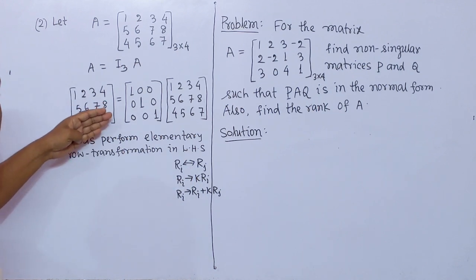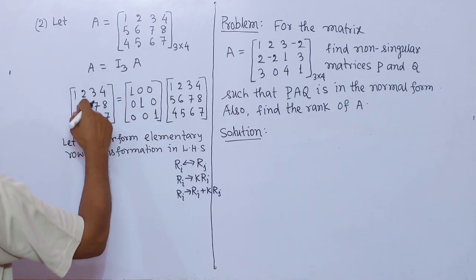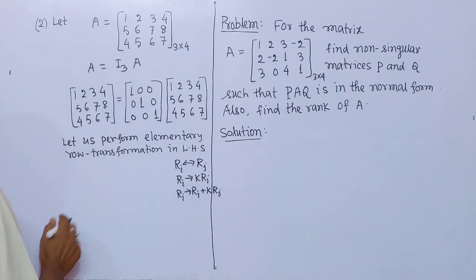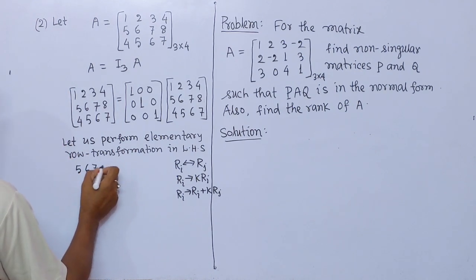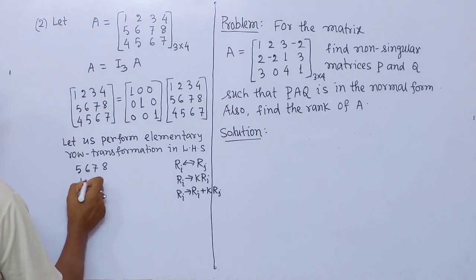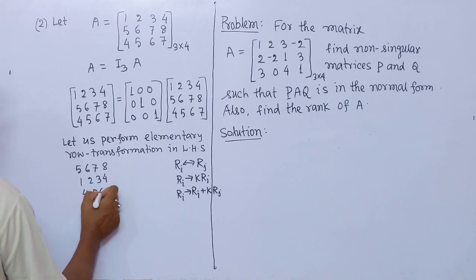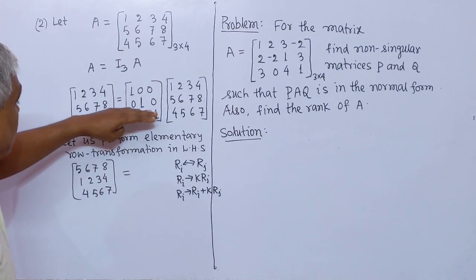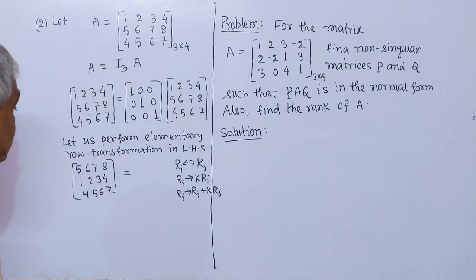Let us perform one here. First, on the left hand side we interchange the first row and second row. So we write the second row first: 5, 6, 7, 8. In place of the second row we write the first row: 1, 2, 3, 4, and the third row 4, 5, 6, 7 stays. Then on the right side we interchange the first row and second row of the unit matrix.